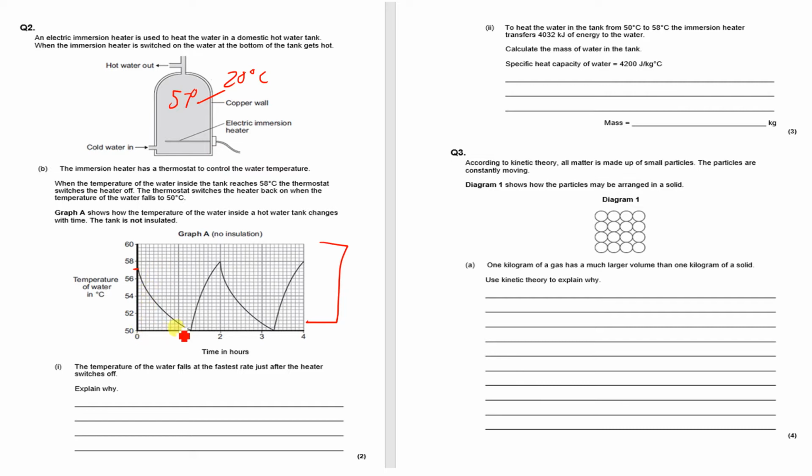As it starts to go down in temperature, it goes down to 50, the rate is going to decrease because this temperature difference is lower. So you're going to get a much faster rate because you're going to get more emission of radiation when there is a greater temperature difference.